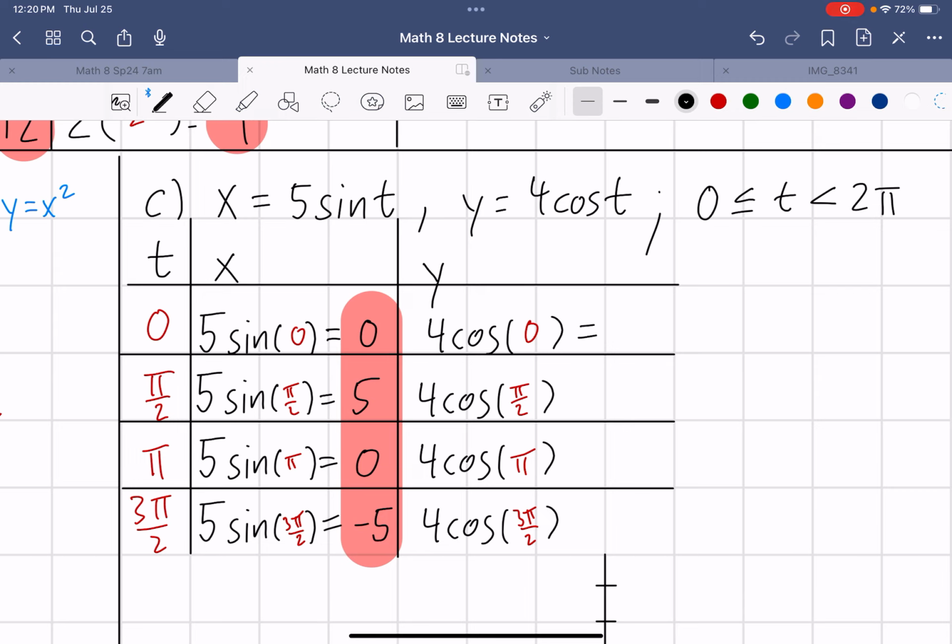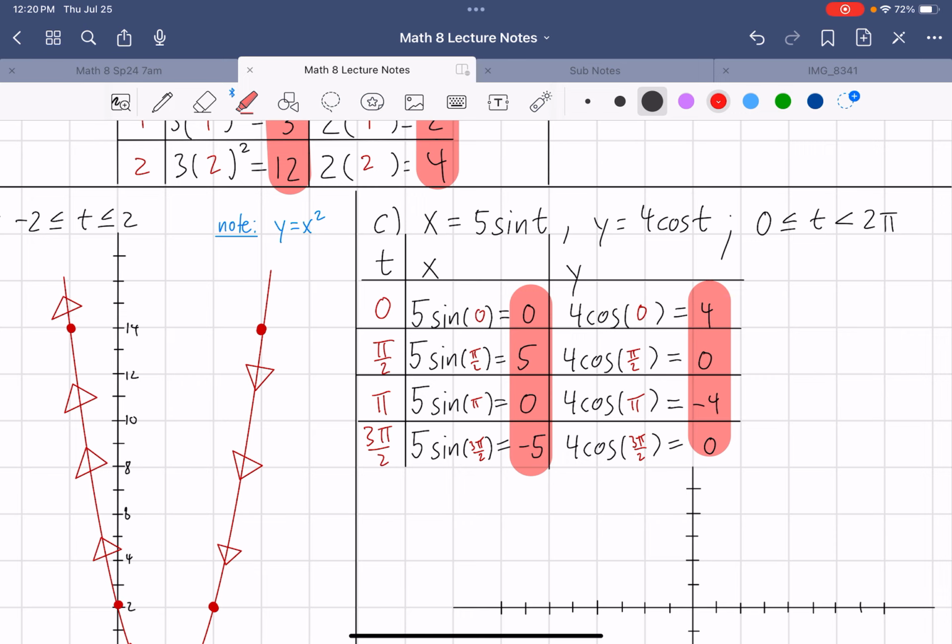Cosine of 0 is 1, times 4 is 4. Cosine of pi over 2 is 0, times 4 is 0. Cosine of pi is negative 1 times 4 is negative 4. And then cosine of 3 pi over 2 is 0 times 4 is 0. And now we have our y values.